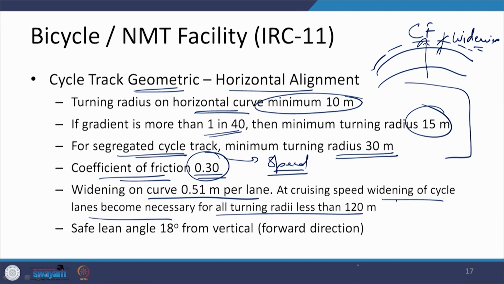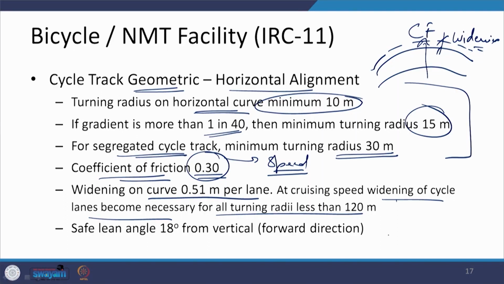Now, when somebody is riding a bicycle, the person may not be just sitting straight. You have a bicycle like this, and it is being connected, and there is a handle here, and we have a mechanism of driving it, and there is a seat here. So, the person is going to sit here to drive this particular bicycle.